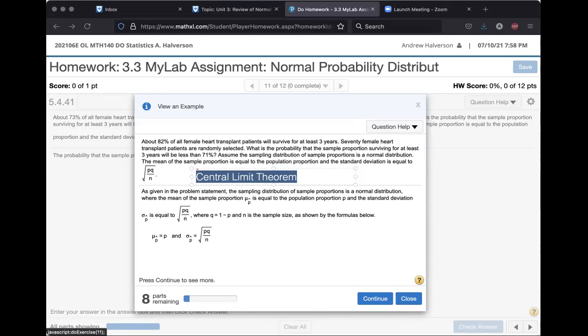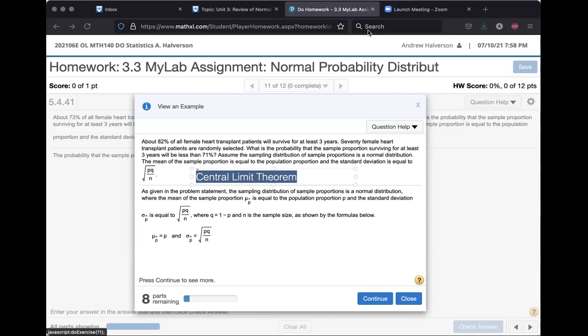You remember back in Unit 1, you took your data and found the mean and the standard deviation using that data. Here, the central limit theorem allows you to do the reverse process. You're given the information about the population and you use that to find the mean and the standard deviation of the sample. And so that's what this is really all about.